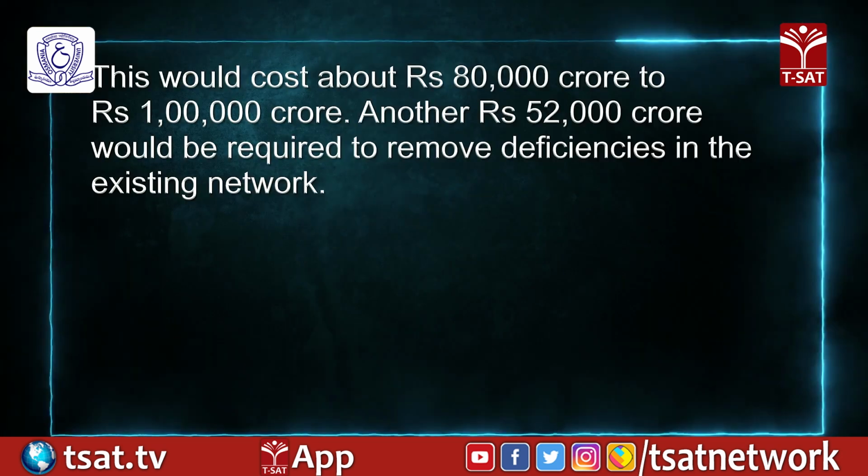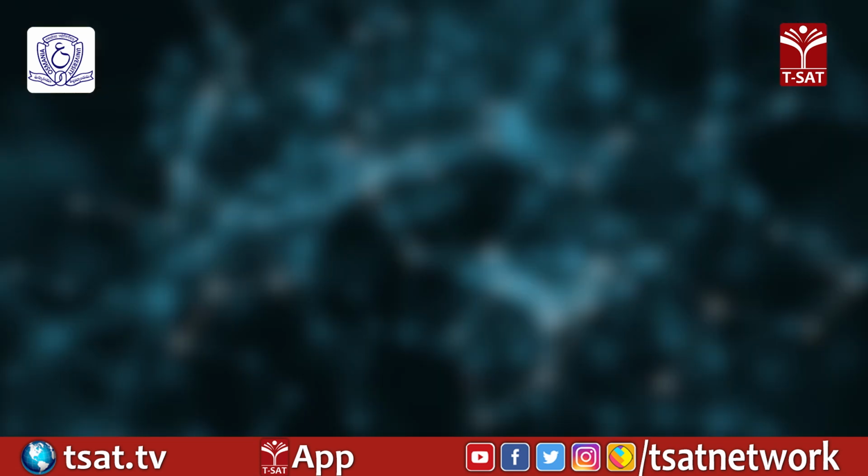A recent study observed that about 10,000 km of expressways is required to be built by the year 2015 to meet the demand adequately. This would cost about rupees 80,000 crore to rupees 1 lakh crore. Another rupees 52,000 crore would be required to remove deficiencies in the existing network. Considering the present requirement, private sector participation in the road sector on a BOT basis should be encouraged.